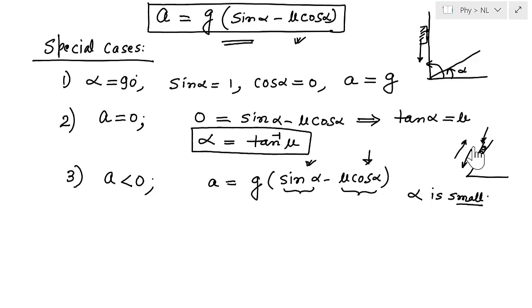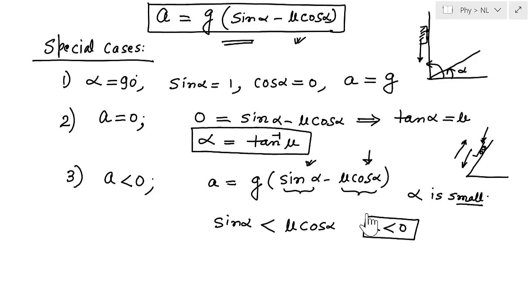This toboggan will eventually come to rest. So we can say for sine alpha less than mu cos alpha, we will have negative acceleration, and in those cases, even though we push the toboggan in the downward direction, it will eventually come to rest because of this negative acceleration.